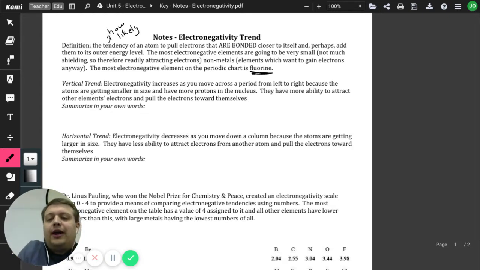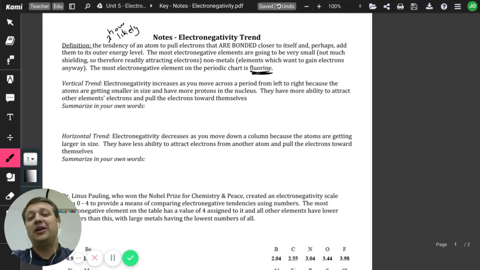I keep pointing that out because it is very important that you know that. If I asked you what the least electronegative element was, you would say your noble gases, specifically down there at the very bottom, OG, number 118 on the periodic table. It would have the absolute least amount of electronegativity.